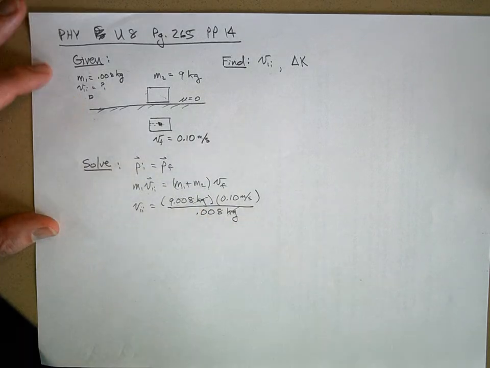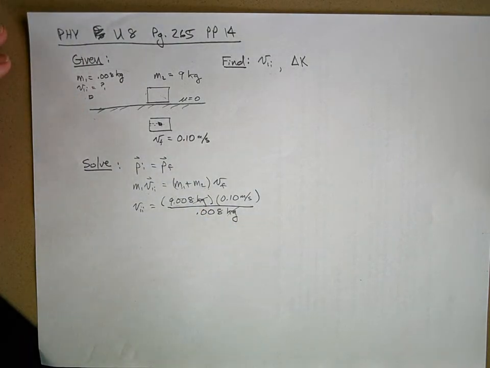Kilograms cancel. So let's see what I get. 9.008 times 0.1 divided by 0.008, and I get 112.6, which I'm just going to round off to 113.